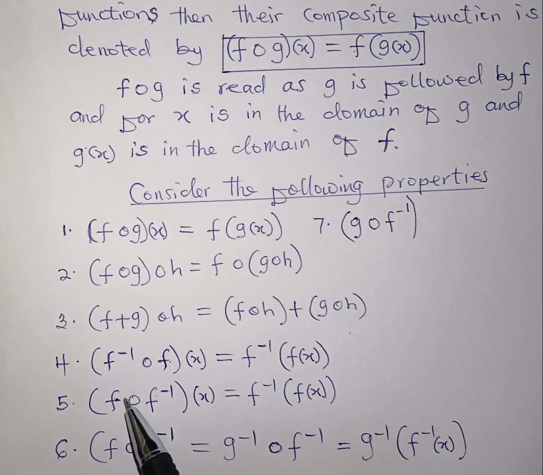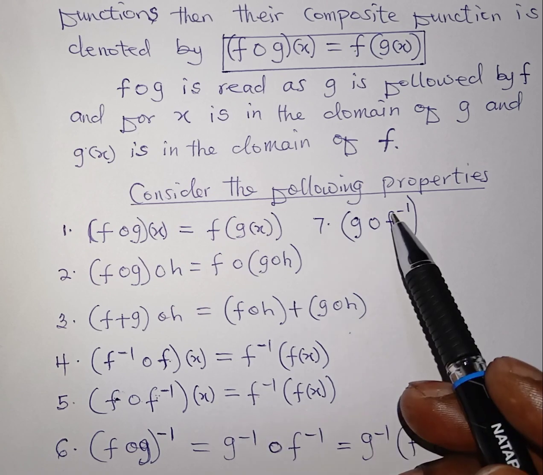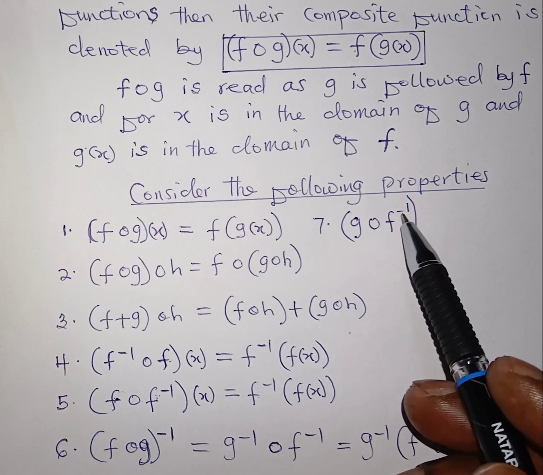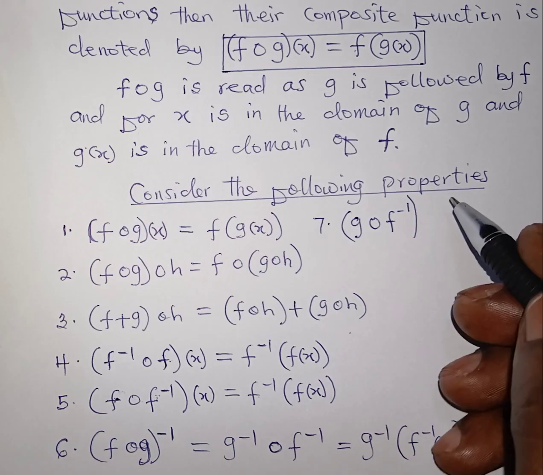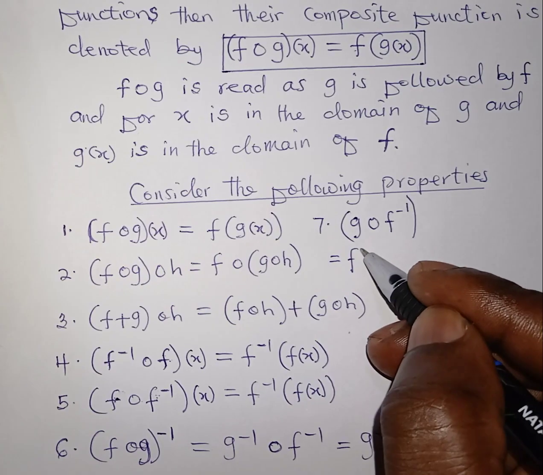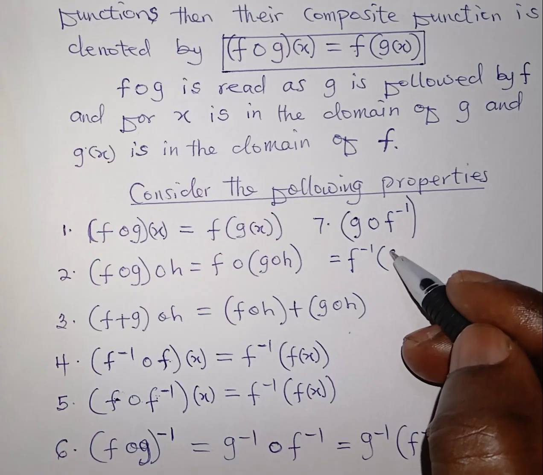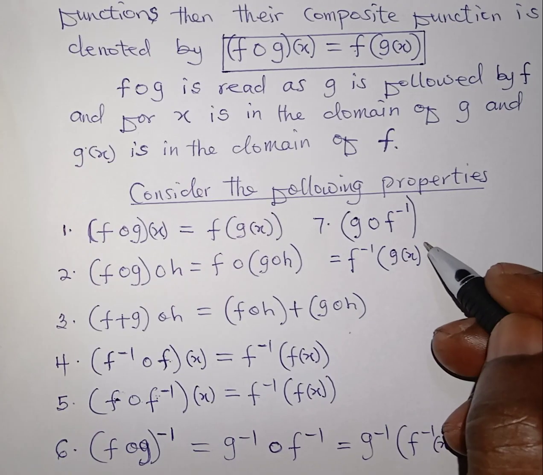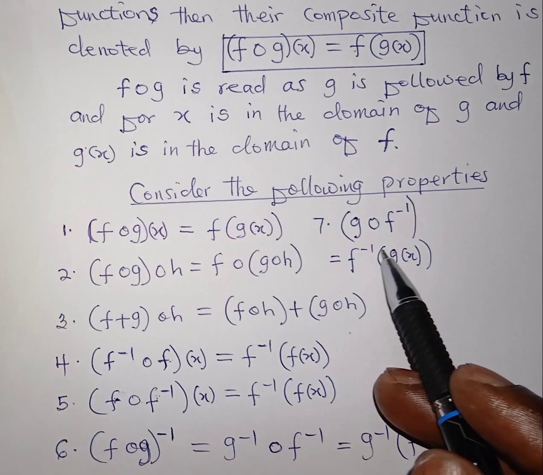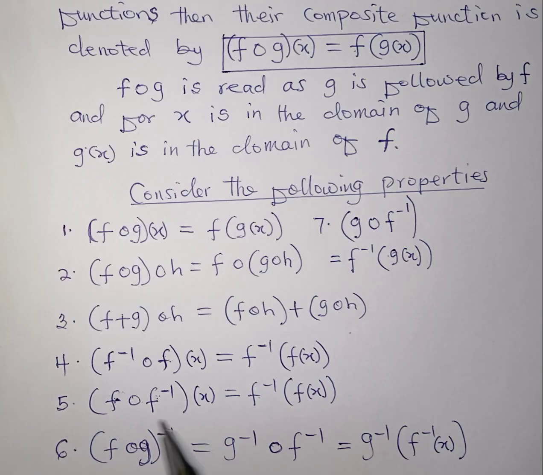You realize that this inverse is followed by the F, and when we were writing, we wrote the inverse first. So when you are writing, you are going to write the inverse of F first, meaning that you are going to put g of x like this. Have you gotten that? The answer you get for this one is not the same as this.